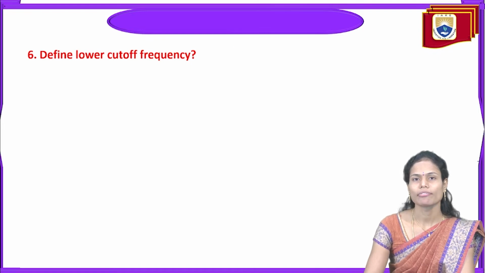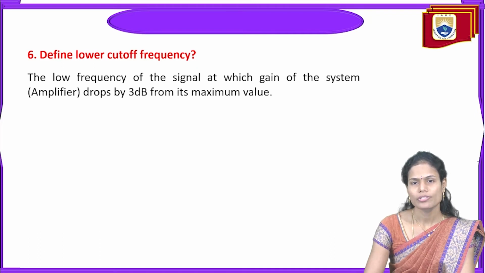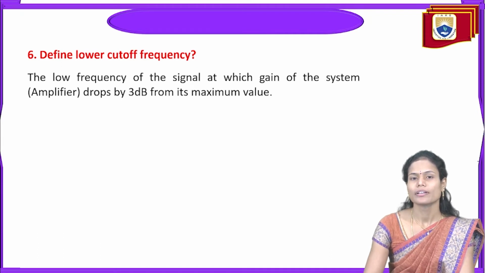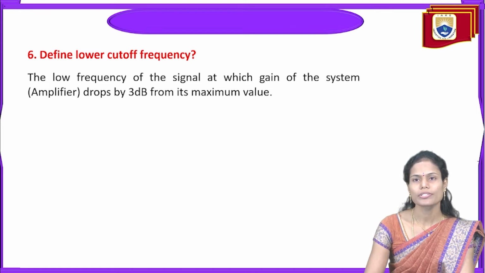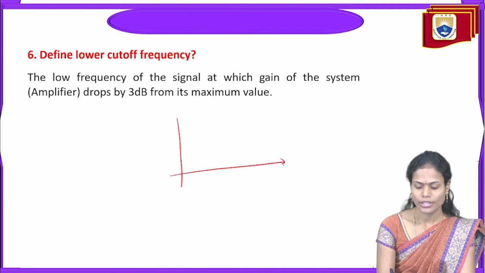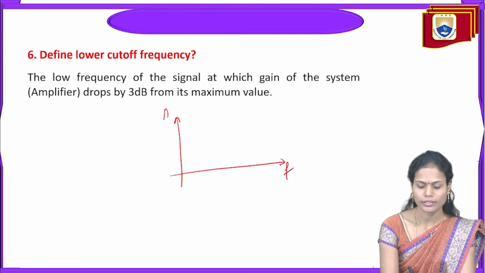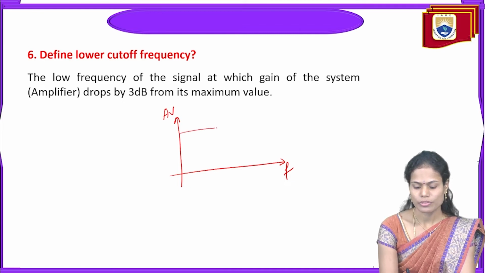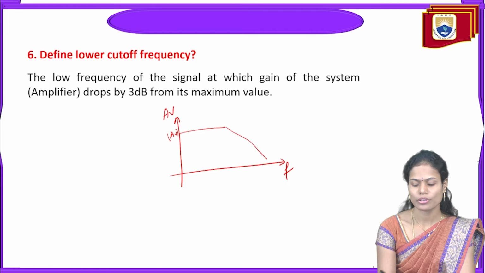And next one is, define lower cutoff frequency. The lower cutoff frequency is the frequency of the signal at which the gain of the system drops by 3 dB from its maximum value. Suppose we take the frequency versus gain curve, in that the gain is initially at unity or some particular value, and after that it is rolling off or decreasing.